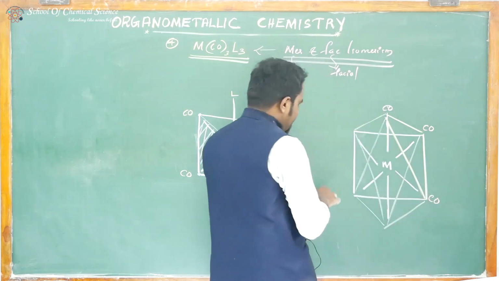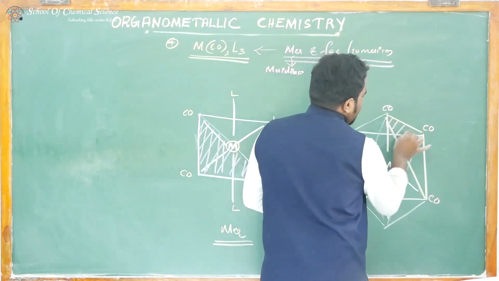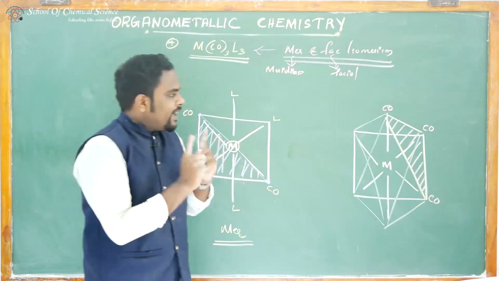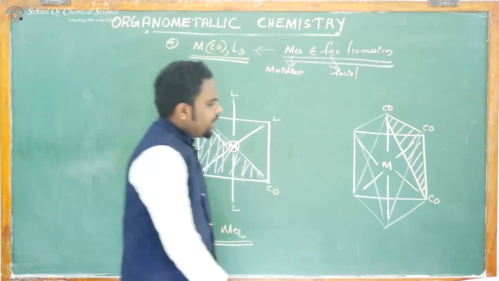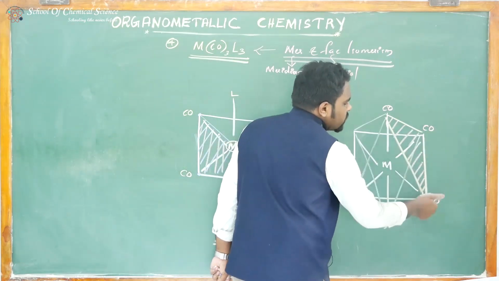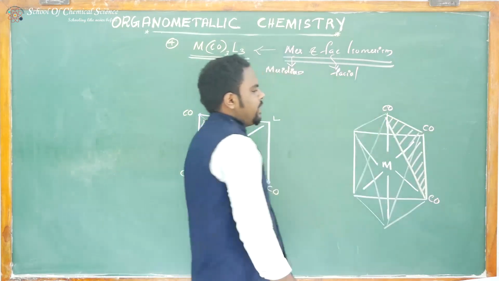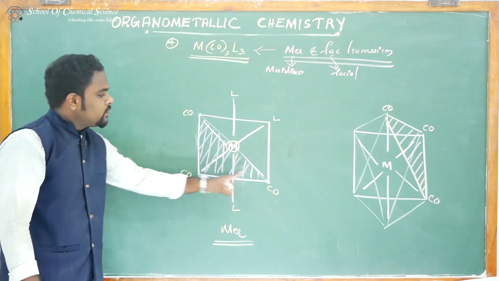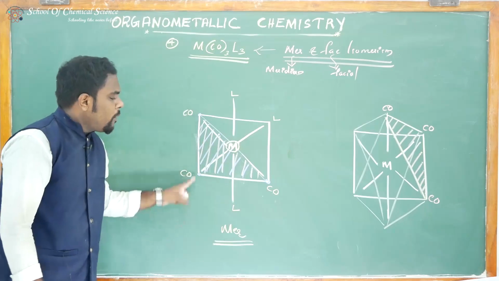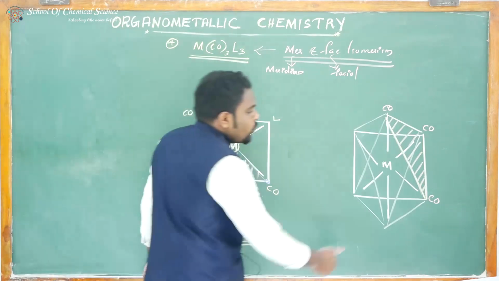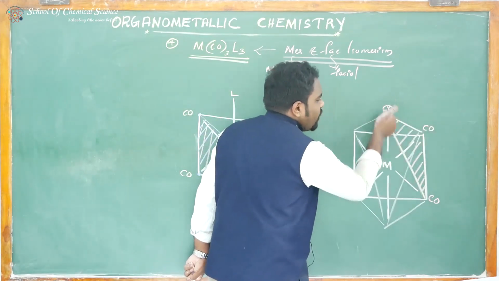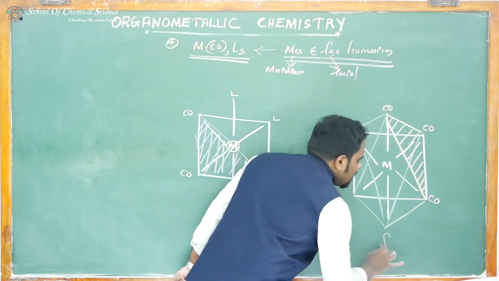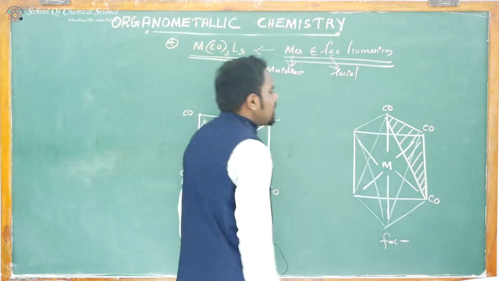If identical ligands occupy this triangle, any of these triangular faces, a facial means two corners of the square plane and one axial position. It joins to form a facial. Okay, three corners of the square plane join to form mer, and two corners of the square plane and one axial position join to form the facial or fac isomer.